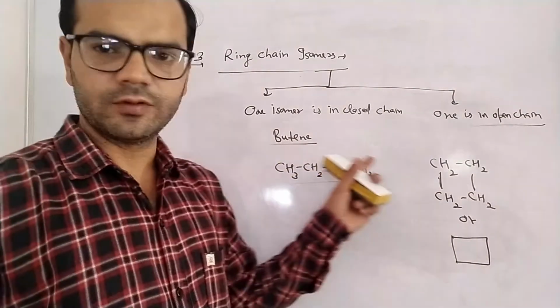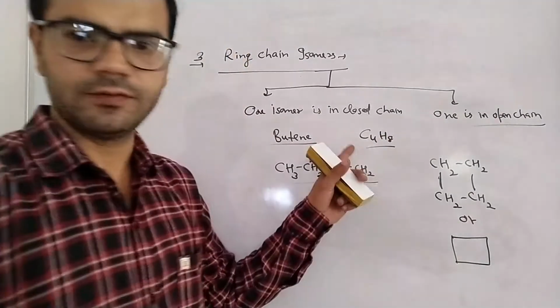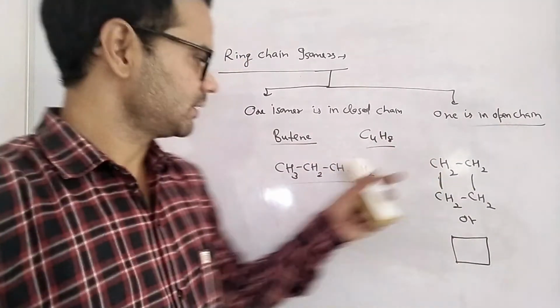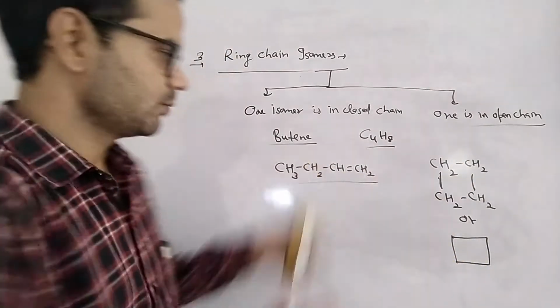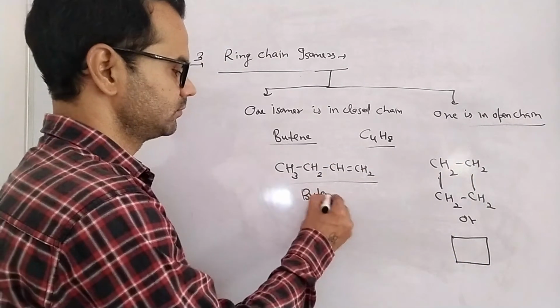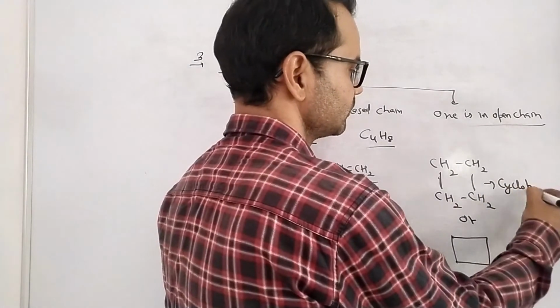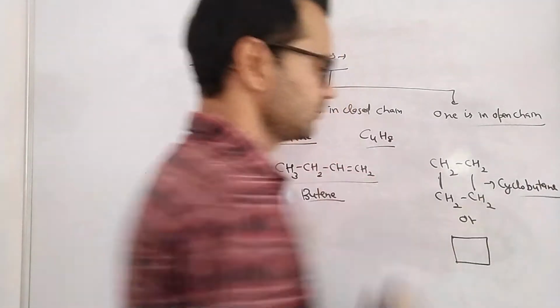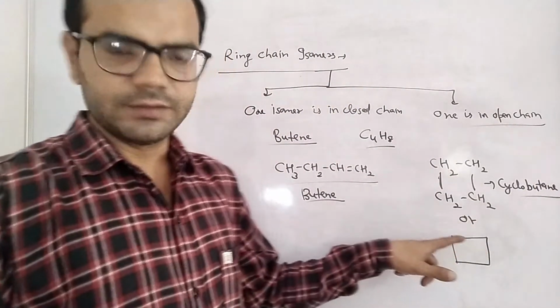Again, the molecular formula is the same. Both are C4H8. This is a straight chain. This is a closed chain ring. This is butene, but this is cyclobutane, a 4-member ring.